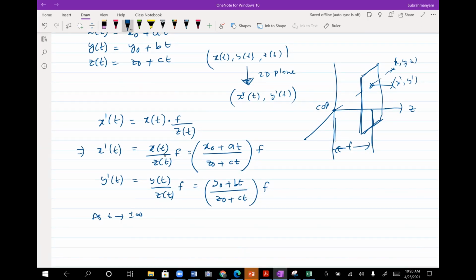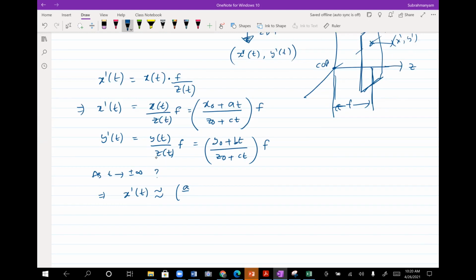Plus infinity gives me the right side, and minus infinity gives me the left side along that slope. Then what would be the approximate value of x dash of t as t tends to infinity? a by c times f. Similarly, y dash of t is equivalent to b by c times f.